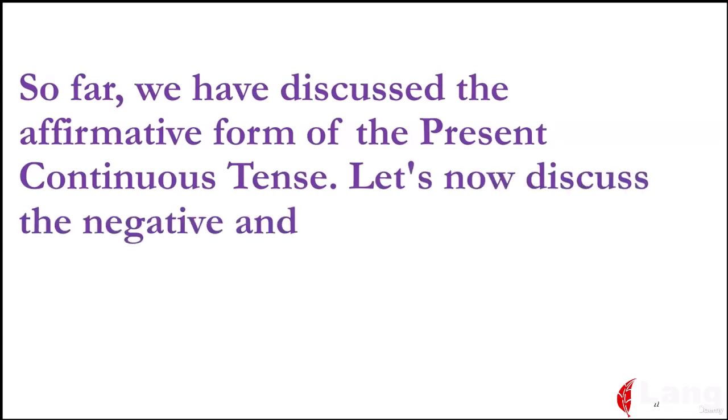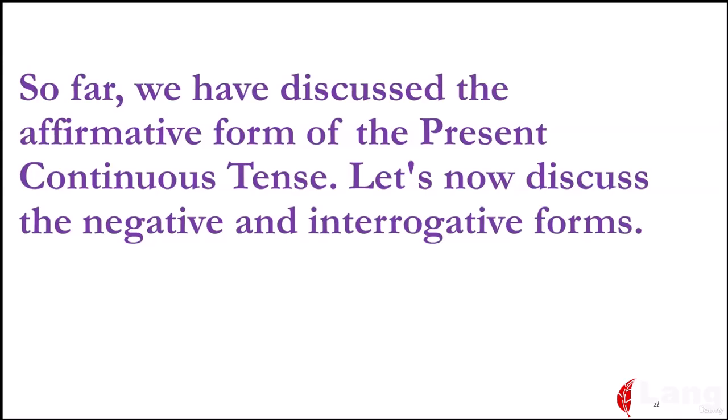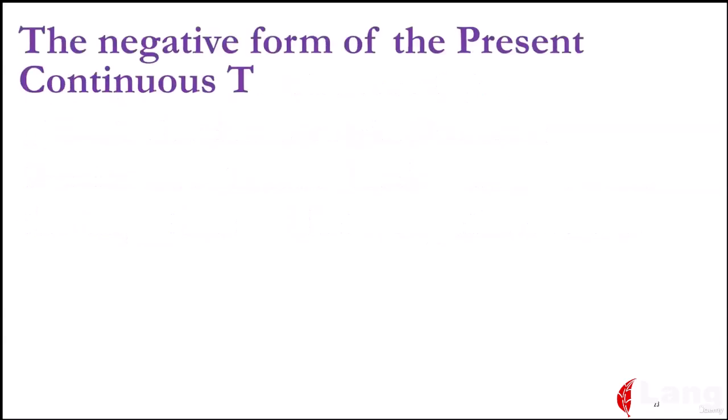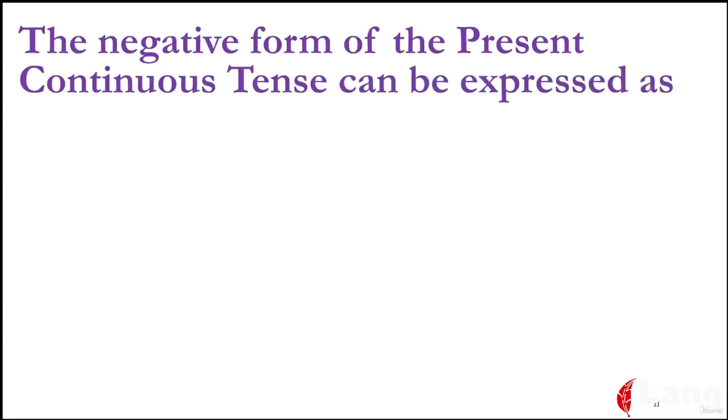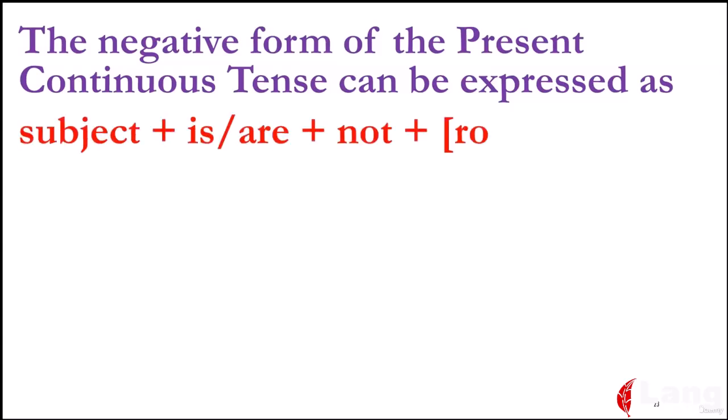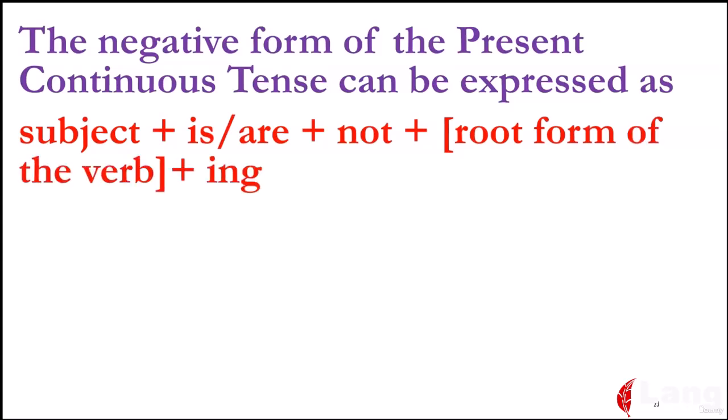So far, we have discussed the affirmative form of the present continuous tense. Let's now discuss the negative and interrogative forms. The negative form of the present continuous tense can be expressed as subject plus is or are plus not plus root form of the verb plus ing.